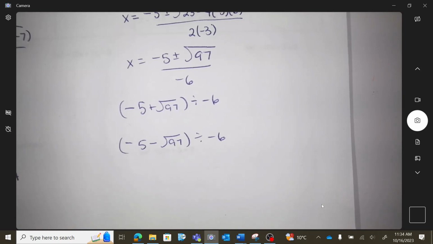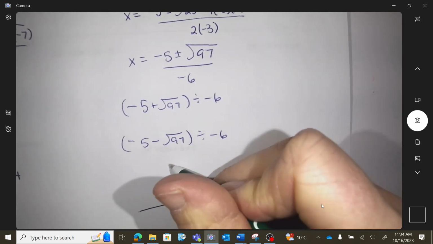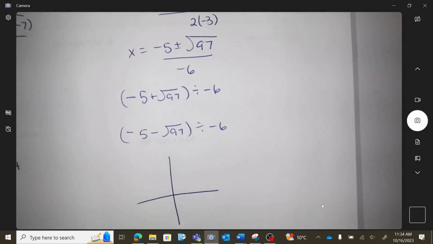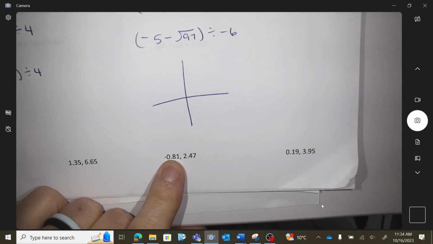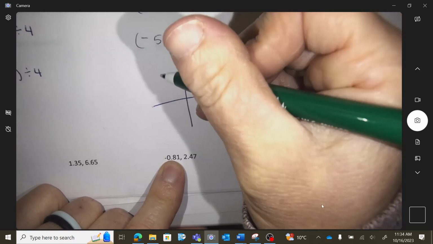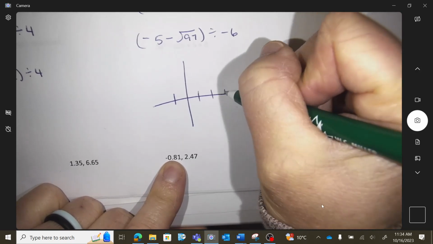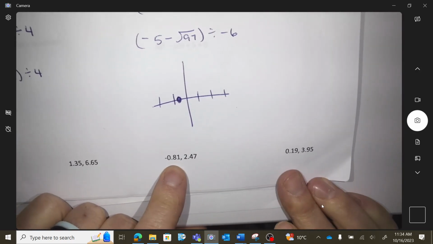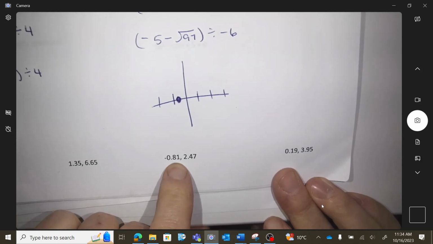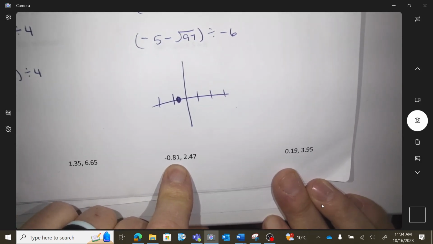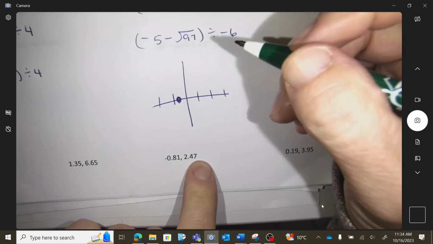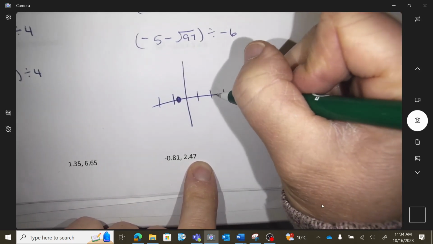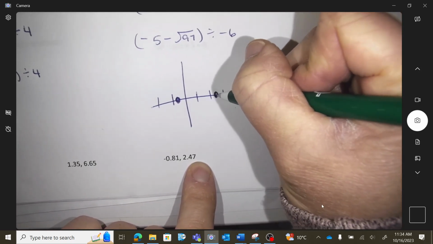Okay? On your test, I make you connect. What is this all about? If you're getting an answer, do you understand that these are the x-intercepts? So this is going to cross at -0.81, and it's going to cross at 2.47.